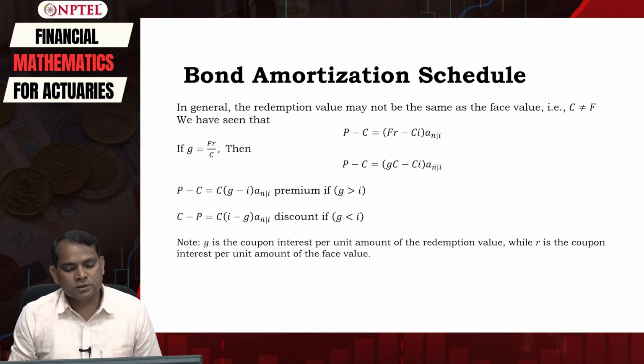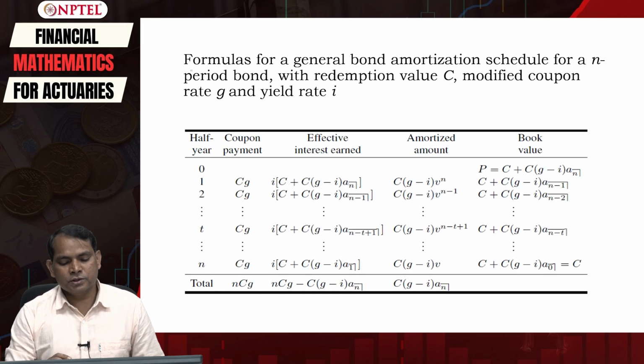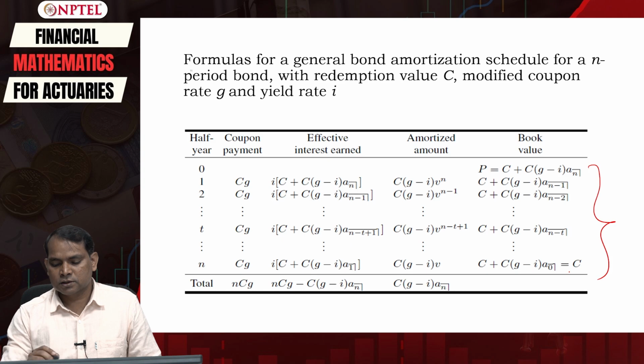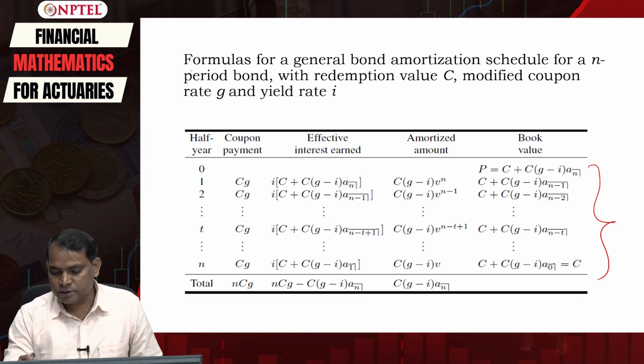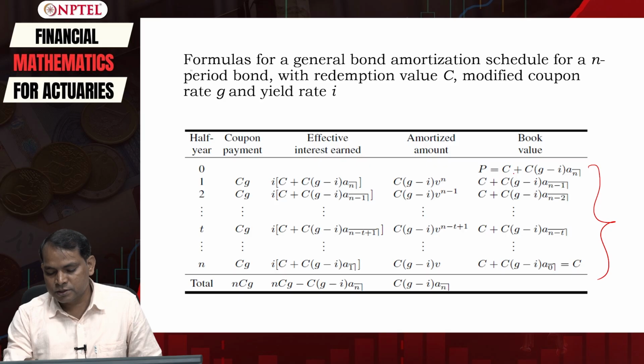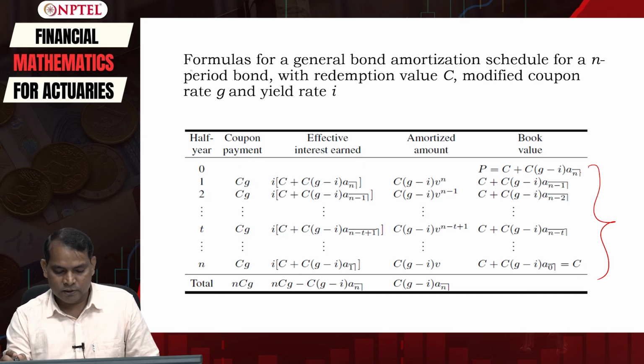With this we can now develop the generic bond amortization schedule, which will look like this. This is the formula for the first entry: P is simply C plus C times (G minus I) a angle n at i.